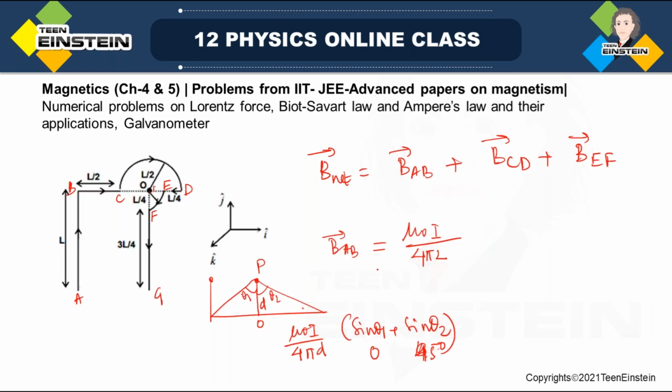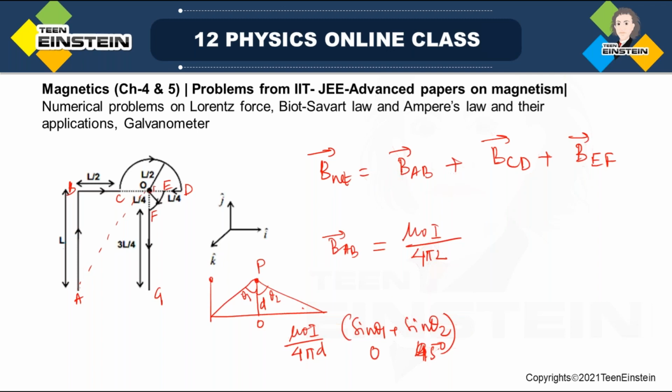So in general, if this is the AB part, the BC part is not contributing anything. So in this AB part, this is 90 and these distances are equal, so this is L and this is also L, so this is 45 and this is 45, both are 45.